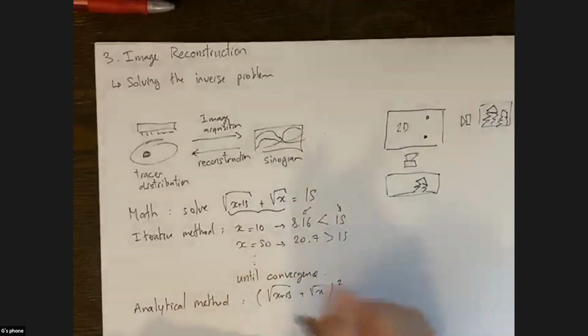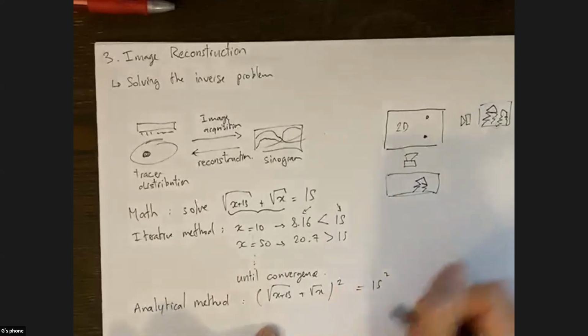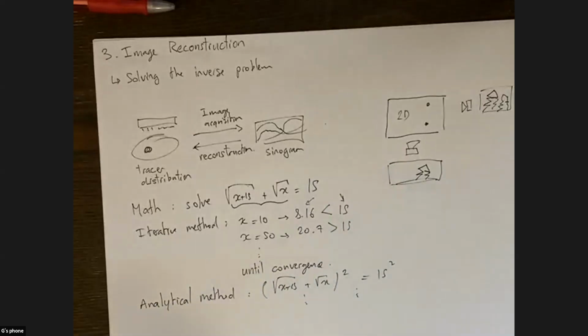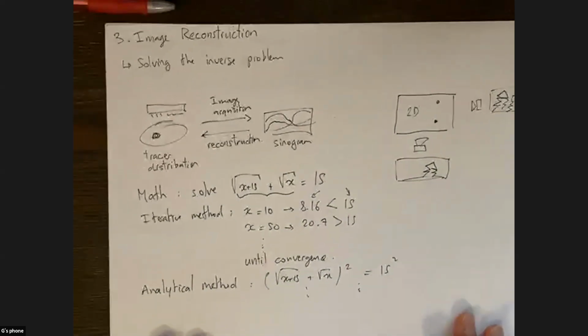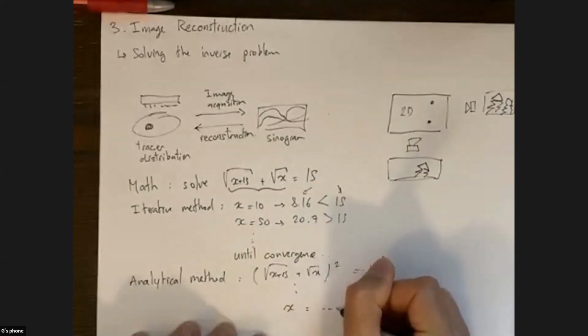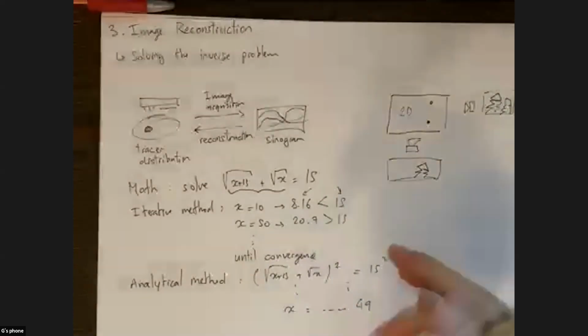I don't want those square roots, so I'm just going to raise the whole thing to the square. And then I'm going to raise the other side to the square, and so on. And using the rules of mathematics, I can eventually come out to x equal some number. And in that case, it's 49. Okay? So you can also solve it that way.